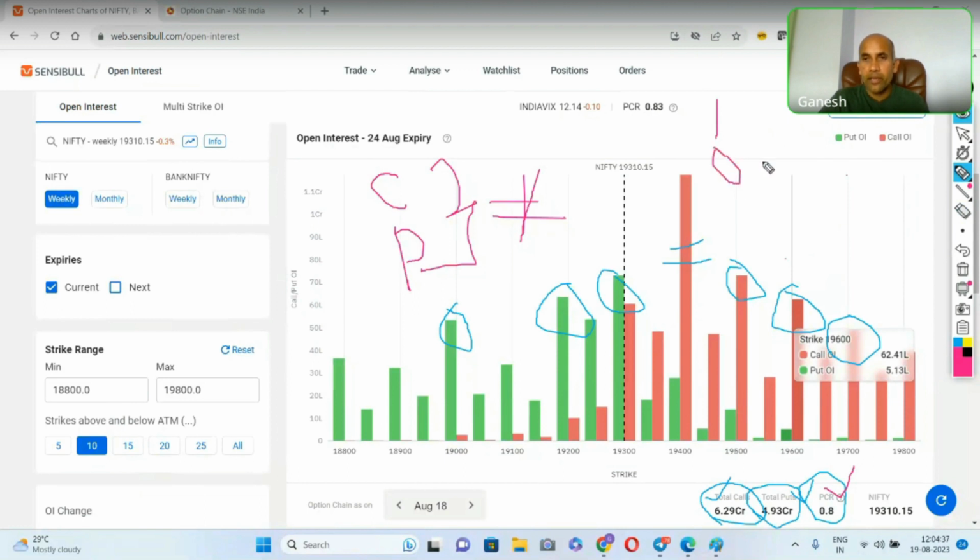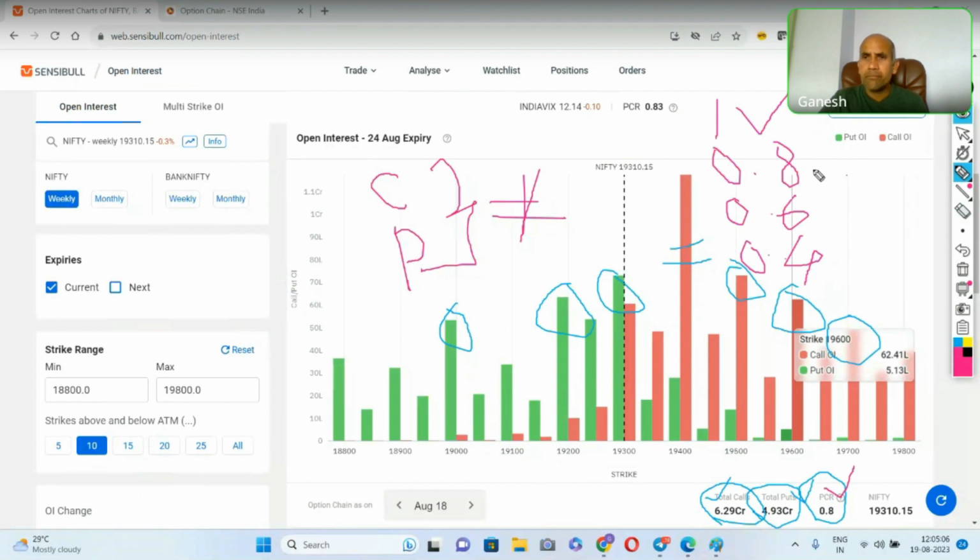PCR 0.8 is okay. PCR 0.6 is oversold, where everybody is blindly selling calls. Oversold. If PCR is, let's say, 0.4, it is oversold. Anytime, with any positive news, it will reverse.